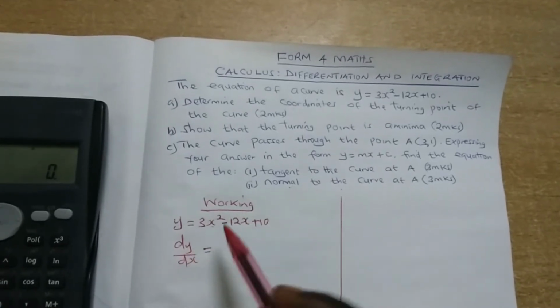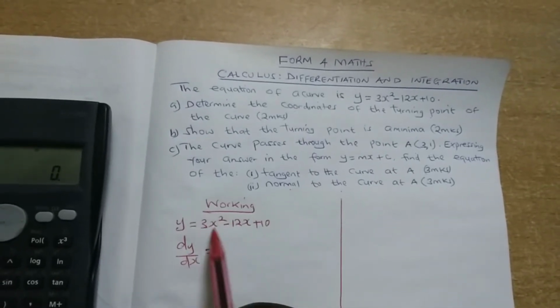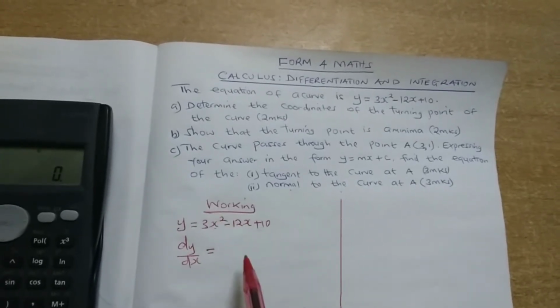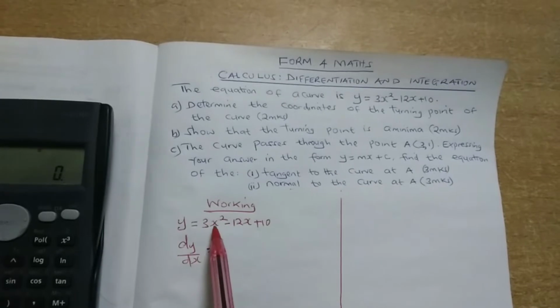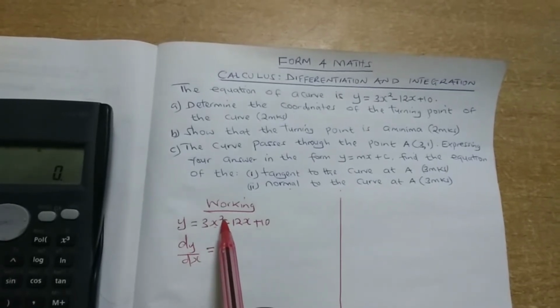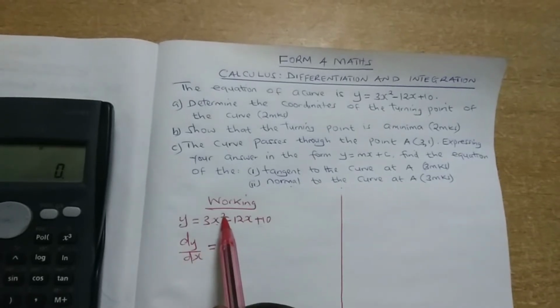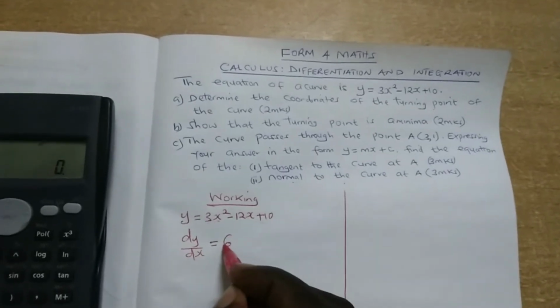We get the gradient function by differentiating the given function, where you differentiate each term independently. To differentiate 3x squared, we take the power of x, 2, and multiply by the coefficient of x squared, which is 3. So 2 times 3 gives us 6.